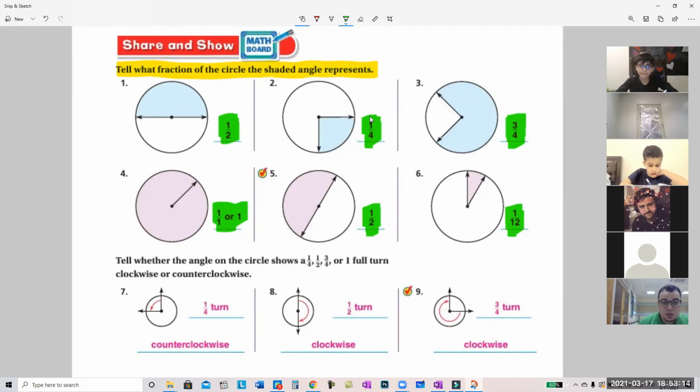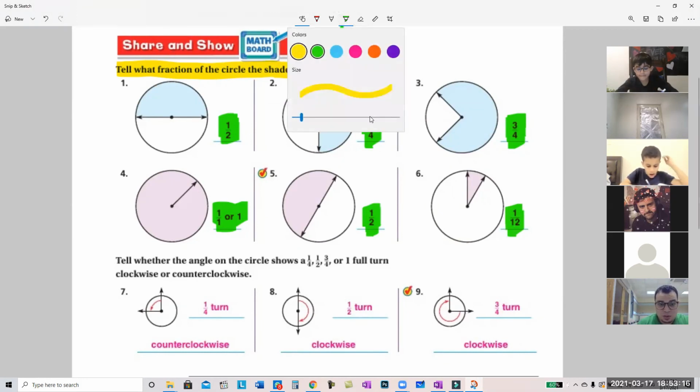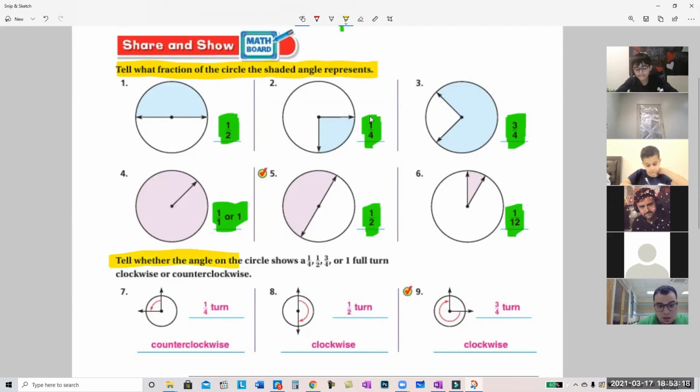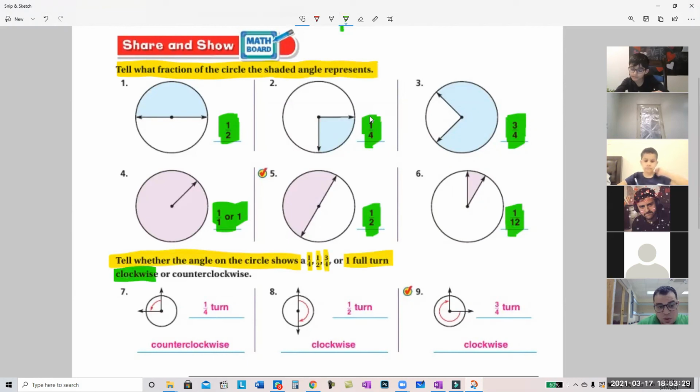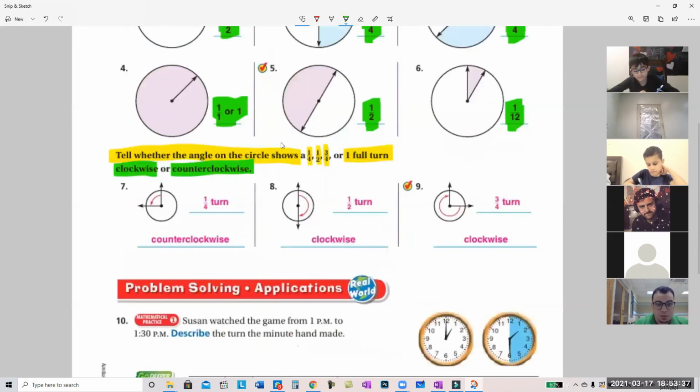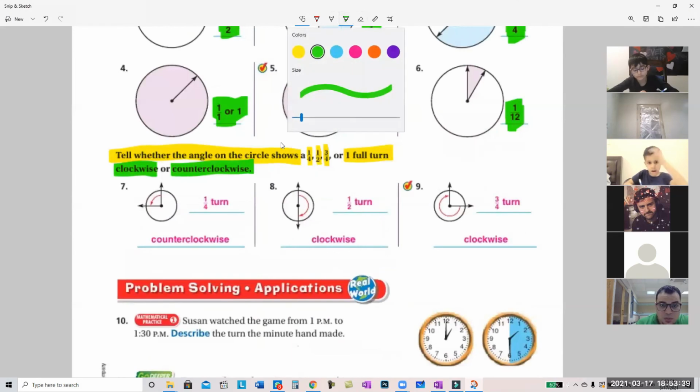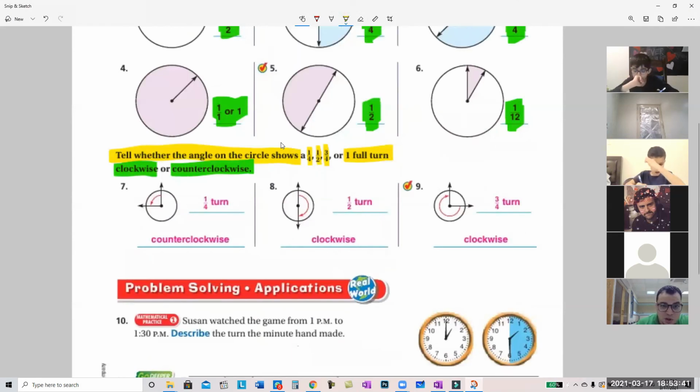Okay, now the next example here. Tell whether the angle on the circle shows quarter, half, 3 over 4, or one full turn, and you have to tell whether clockwise or counterclockwise. What about this direction here?